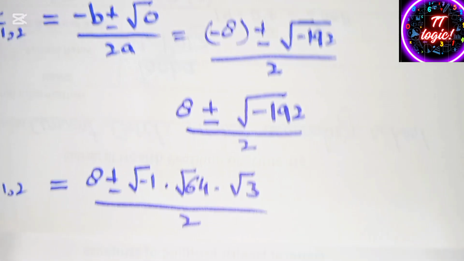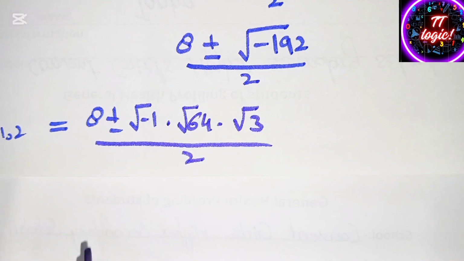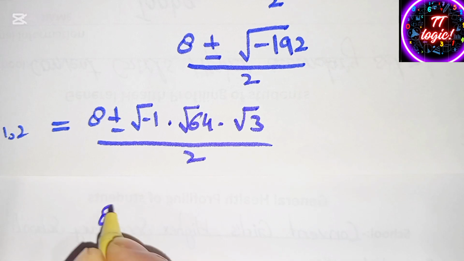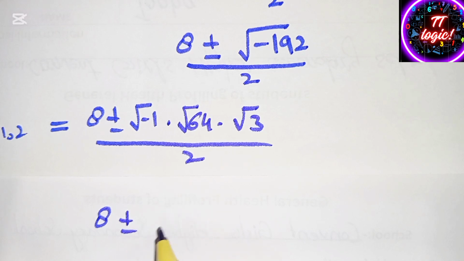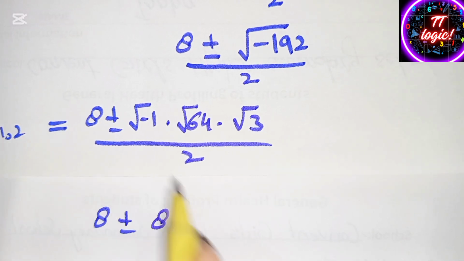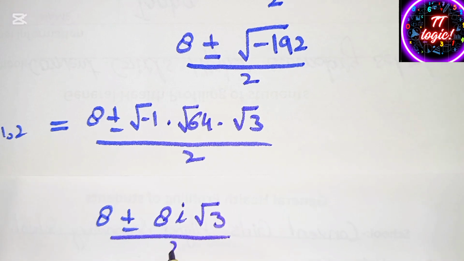Now 8 plus minus, 64 is 8, and the square root of minus 1 is i, and square root 3, then over 2.